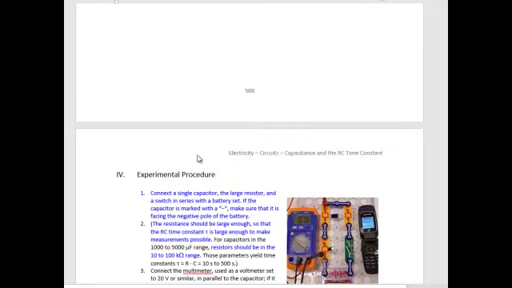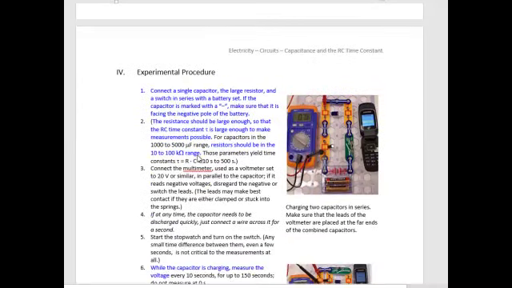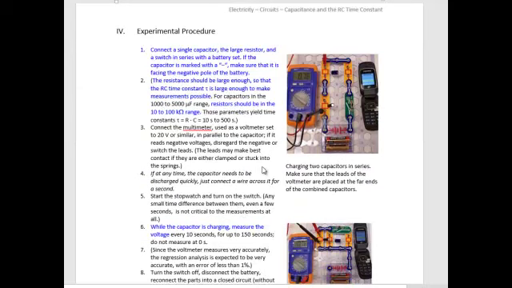There are the parts, of course, that I'm going to use from the snap circuit, and this is the typical setup here, except I have two capacitors here. This is the resistor. It's a large resistor, 33,000 ohms, in order for the time to be long enough that we can actually take measurements.